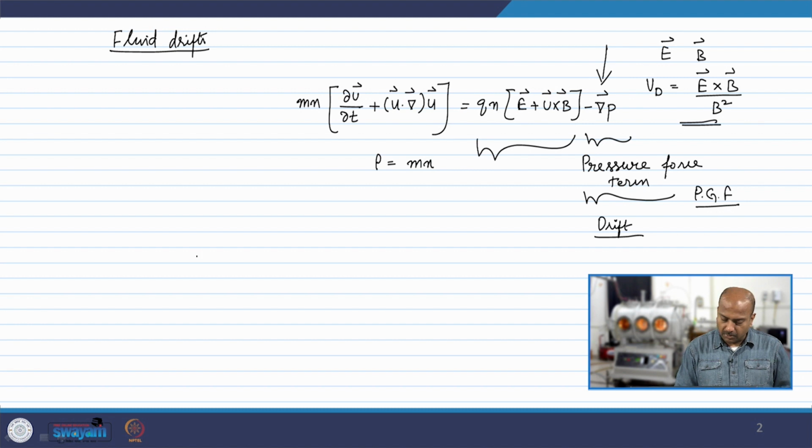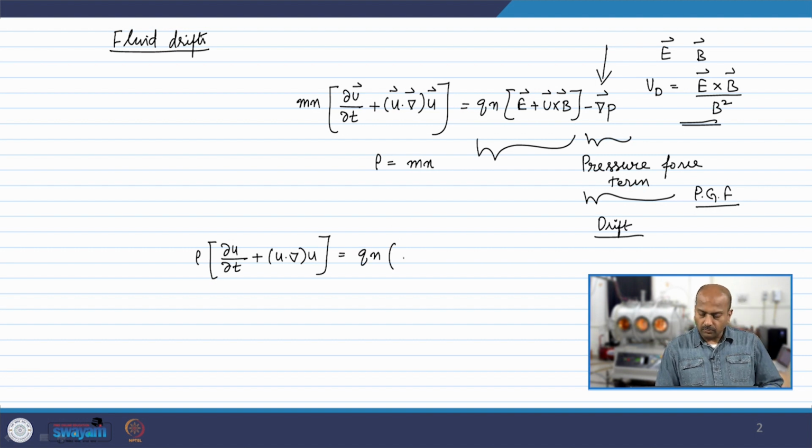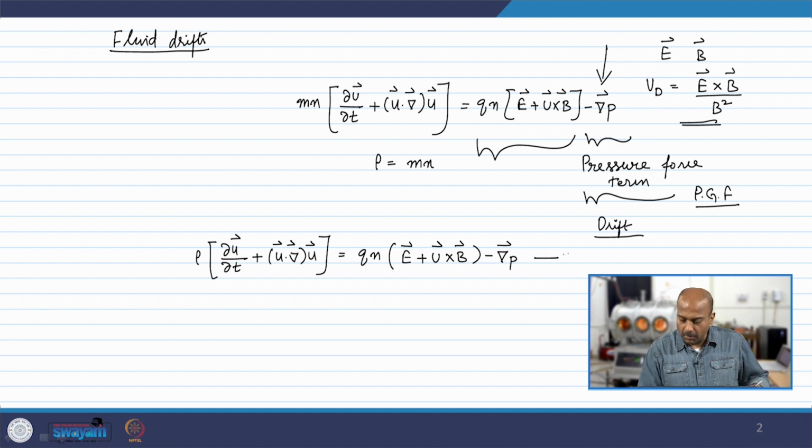We can rewrite this basic equation: rho times (∂u/∂t plus u dot del u) is q n times (E plus u cross B) minus del P. This is the momentum equation, let us call it equation number 1.